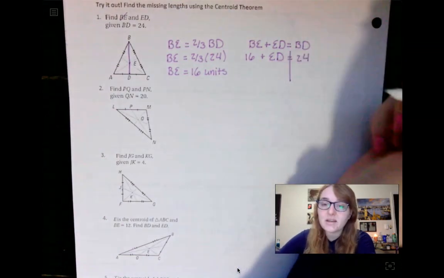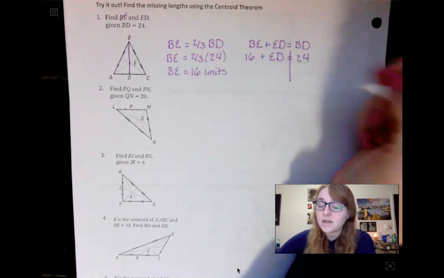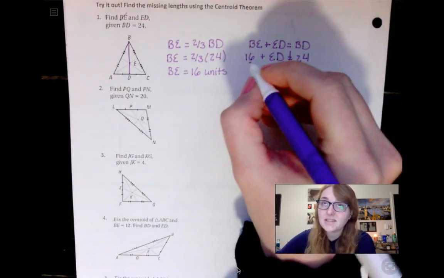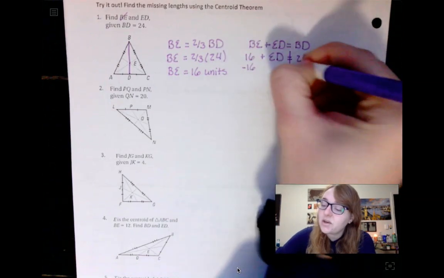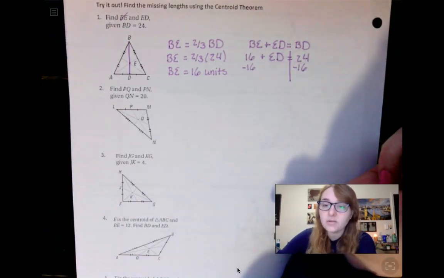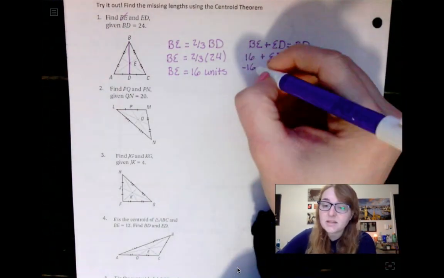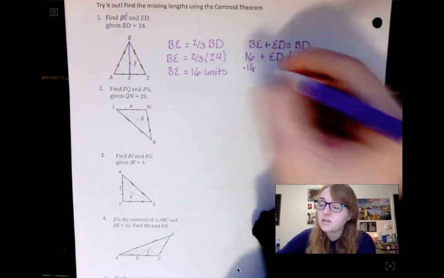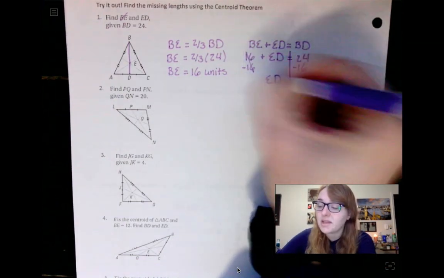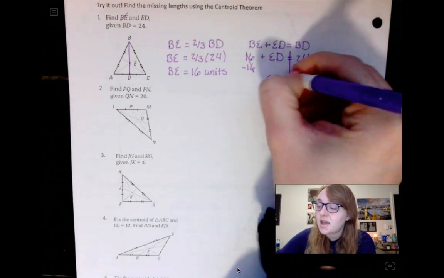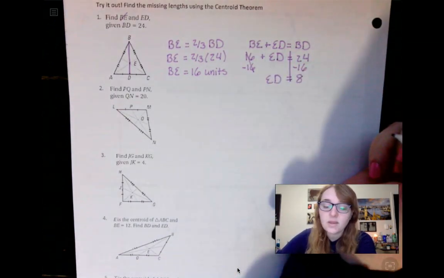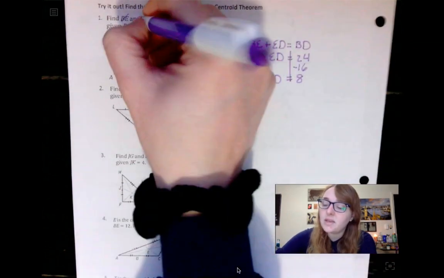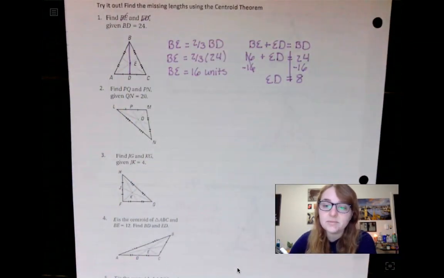In order to get ED by itself, we have to do the opposite operation to this positive 16, so we subtract 16 once on each side of the equal sign. Plus 16 minus 16 cancel, leaving us with just ED. And 24 minus 16 is 8. So ED is equal to 8, so we found BE and ED.